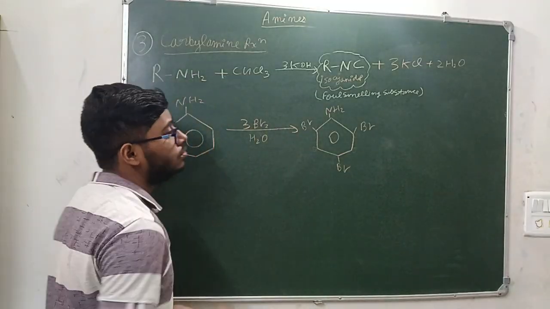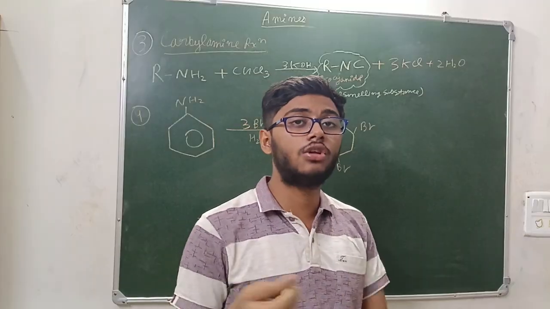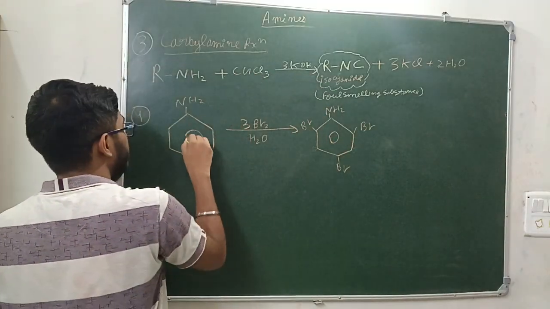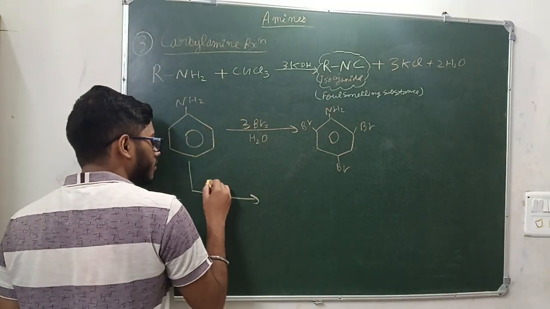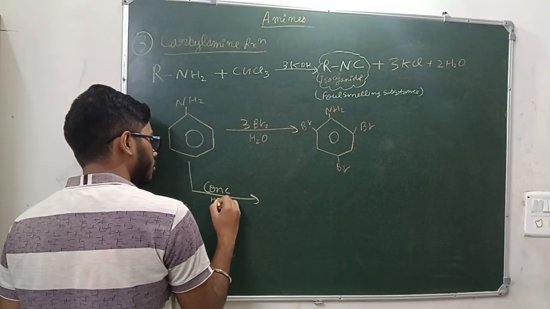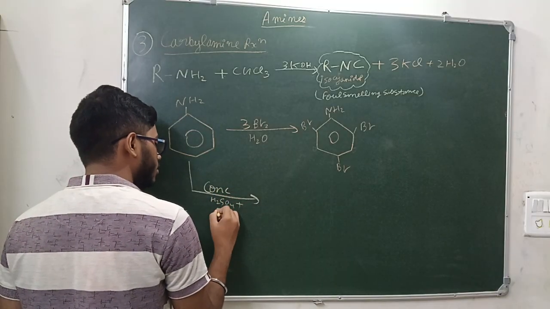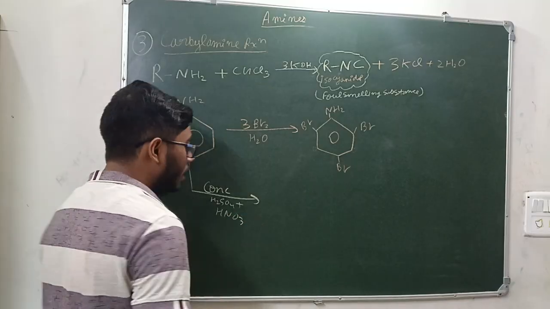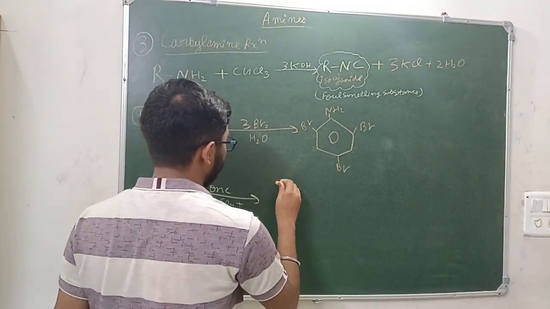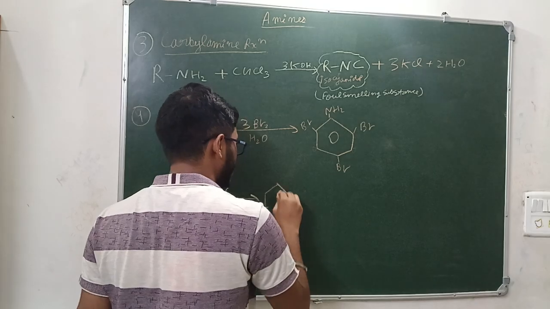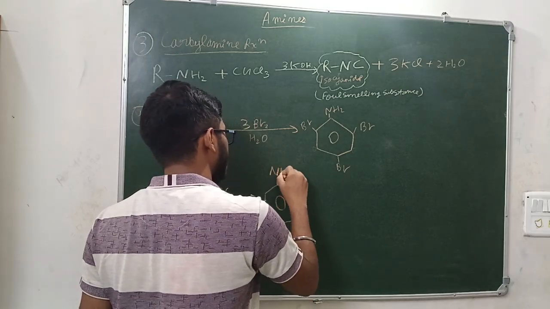Now you can also do the nitration of this aniline. Nitration of aniline is a very important topic. It is done by conc H2SO4 with HNO3, which is also concentrated. Very interesting compounds are made here. You can note this down, and this is a very important reaction as well.